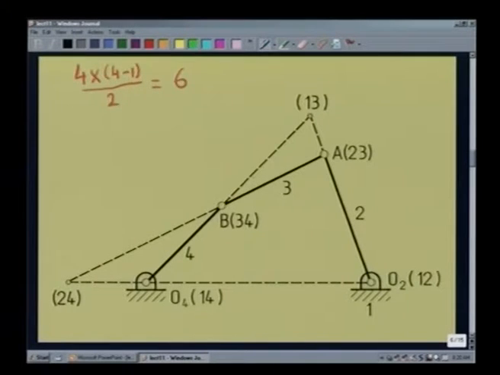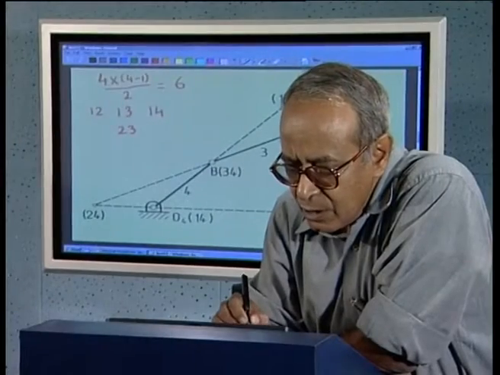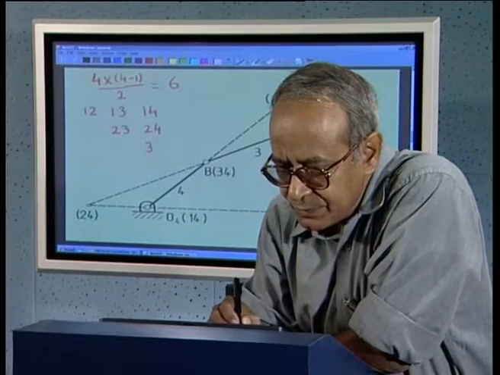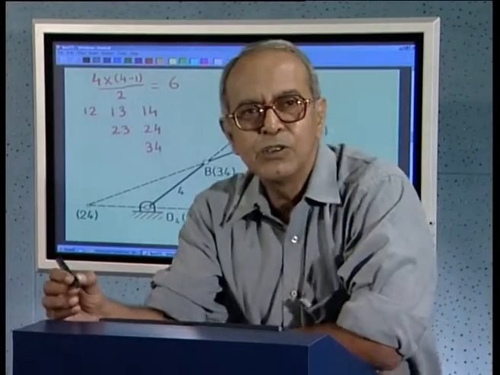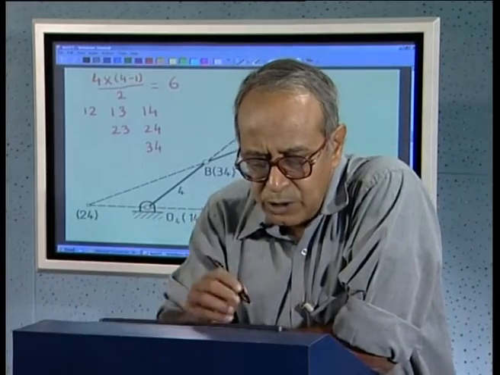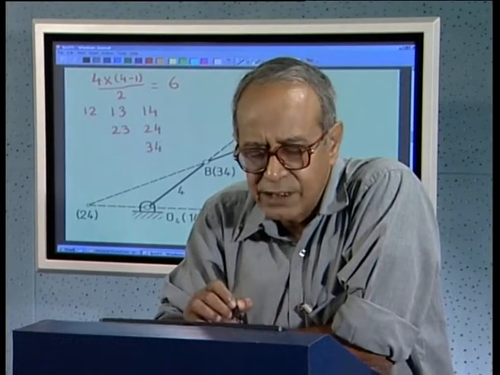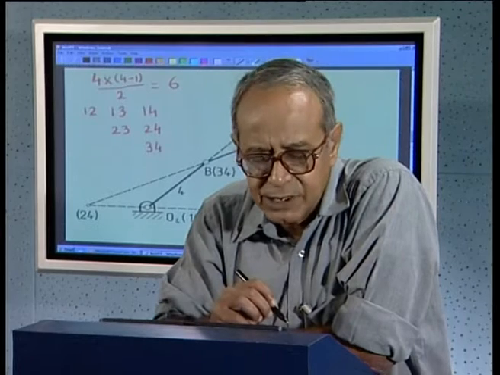They are 1 2, 1 3, 1 4, 2 3, 2 4 and 3 4. So, our first task is to locate all these 6 relative instantaneous centers of this 4 link mechanism.